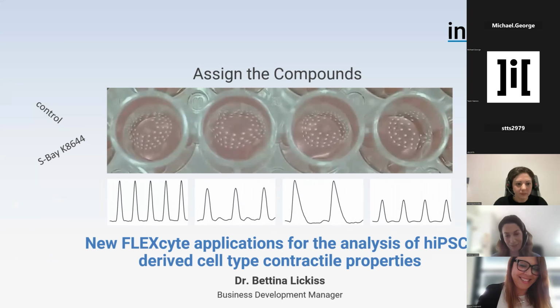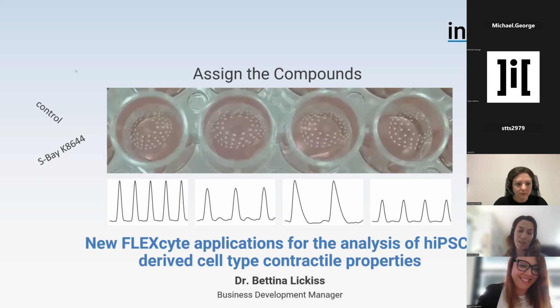I always start my presentations with a video where you can see the cardiomyocytes beating nicely because it's such a great eye catcher. But today I thought I'd make it a bit more interactive and make a little quiz out of it. Here you can see 4 of the wells of the FLEXcyte plate, and you can assign the compounds that you can see on the left-hand and right-hand side to the respective wells.